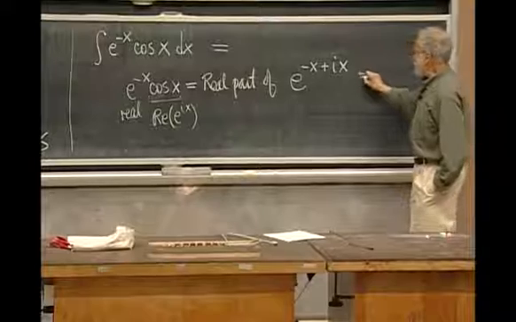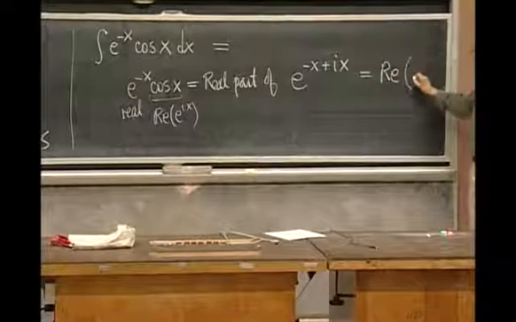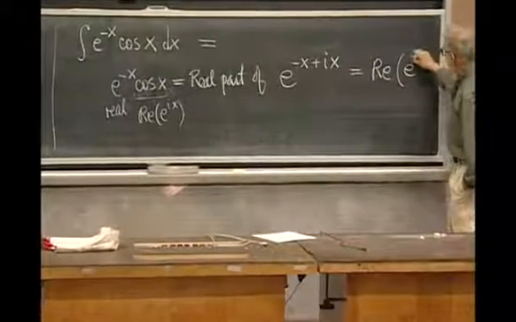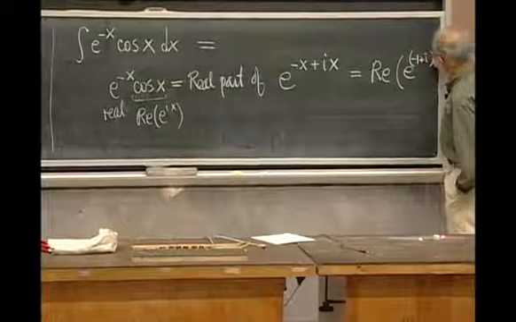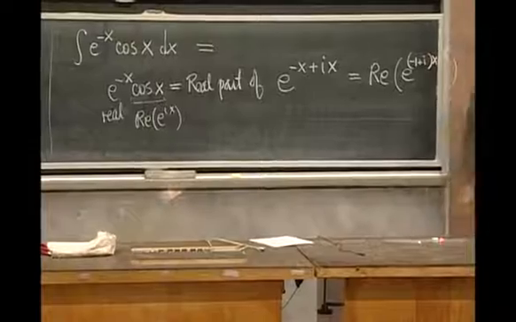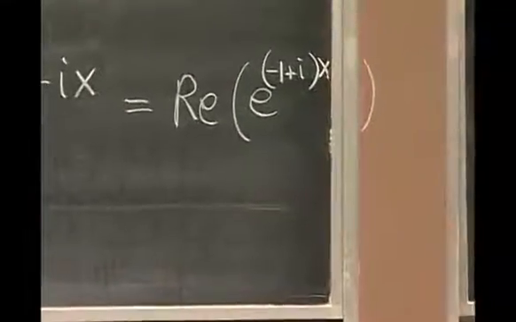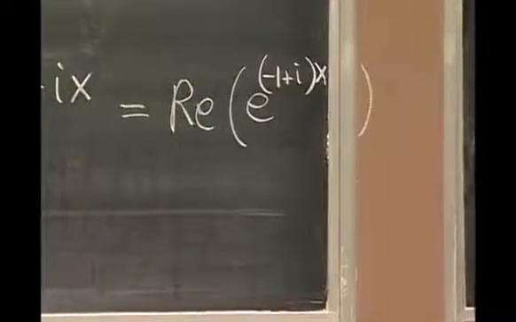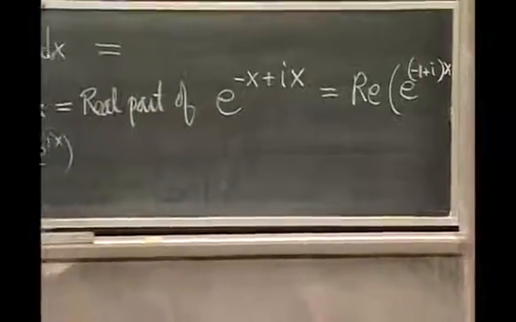So it's the real part of, write it this way, the real part of e to the, factor out the x, and what's up there is negative 1 plus i times x.